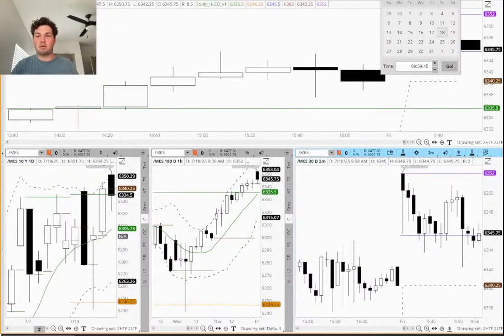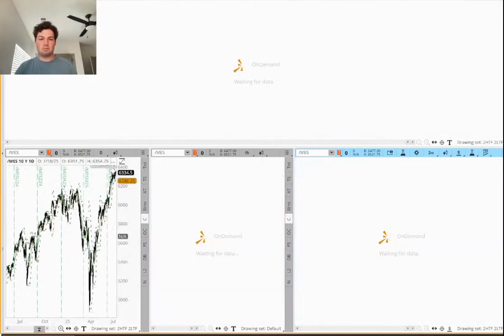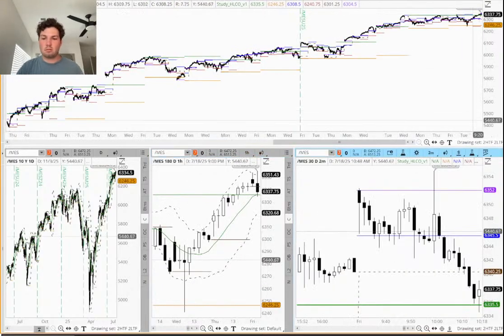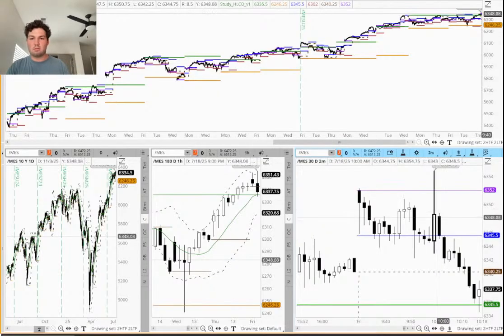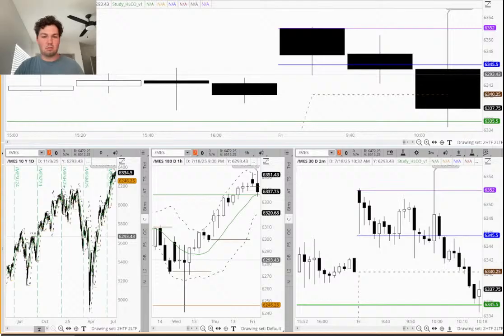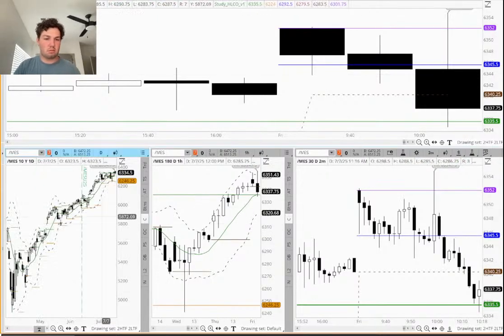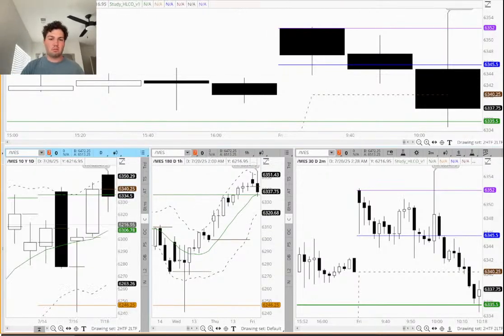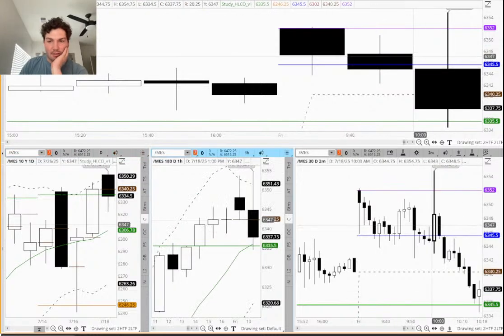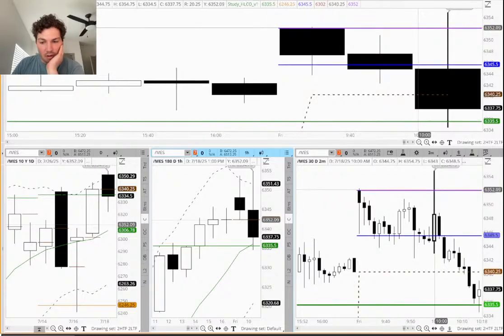Let's move forward another 20 minutes and see what happens. Okay, so we get stopped out, then the market would plummet more.